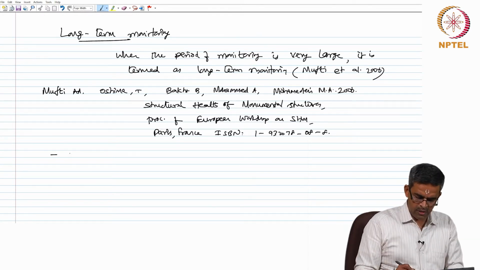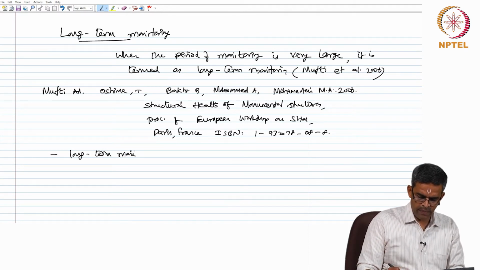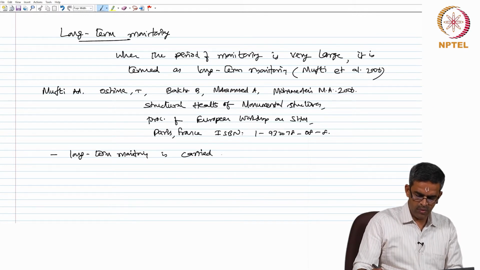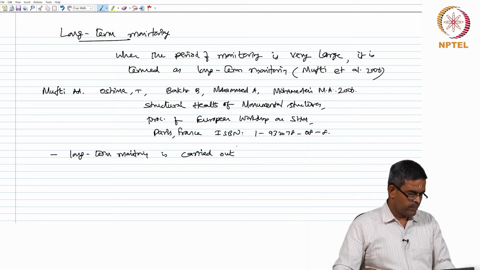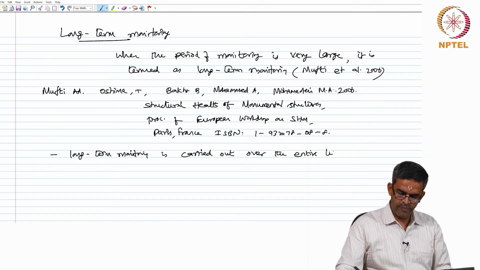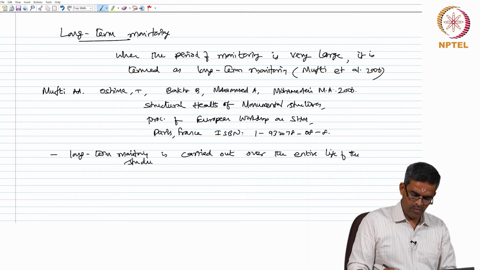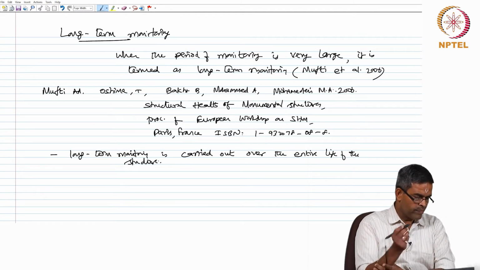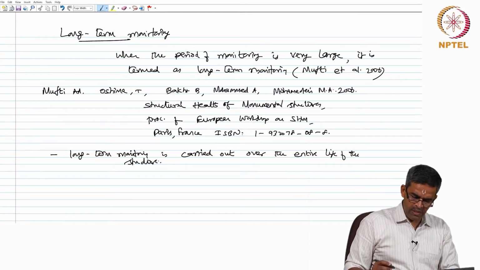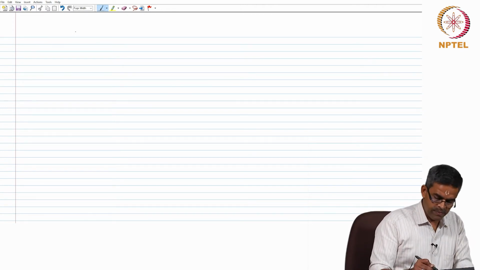So, according to the researchers, long term monitoring is carried out over the entire life of the structure. There are specific conditions under which long term monitoring is done.